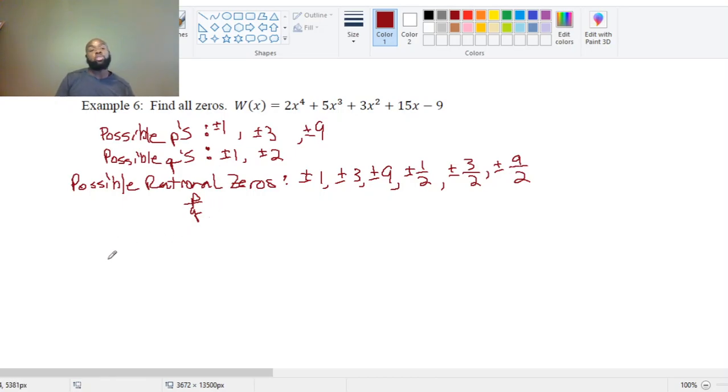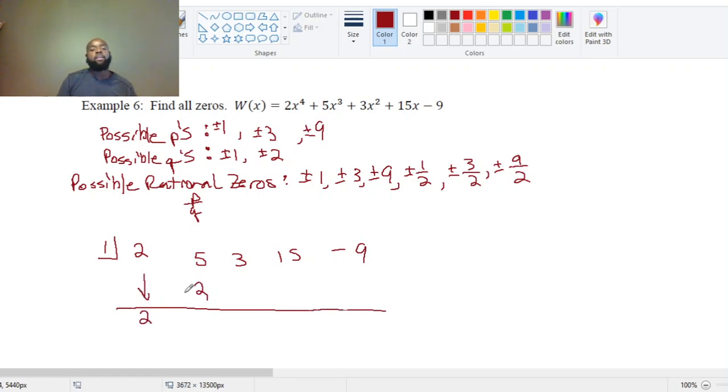I'm randomly selecting a value, right? One of the easiest values to select is 1 and -1. Let's start with the positive first. I think positive is easier, even though at least one coefficient is negative, right? So I'm going to try 1. I'm going to put 2, 5, 3, 15, and -9 in my synthetic division. All right, bring down my 2. 2 times 1 is 2. Add those together, I get 7. 1 times 7 is 7.